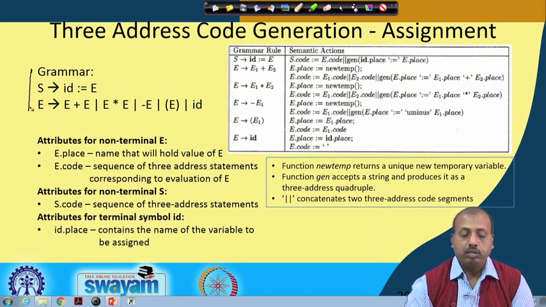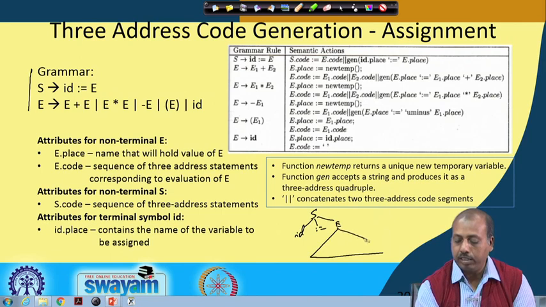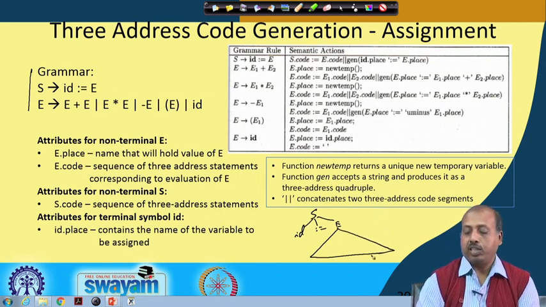Now, depending upon the assignment statement that is given to us, it will generate a parse tree, where the root of the parse tree will have this S and it will have ID assigned as E, and then E will further break down into a parse tree for the expression.